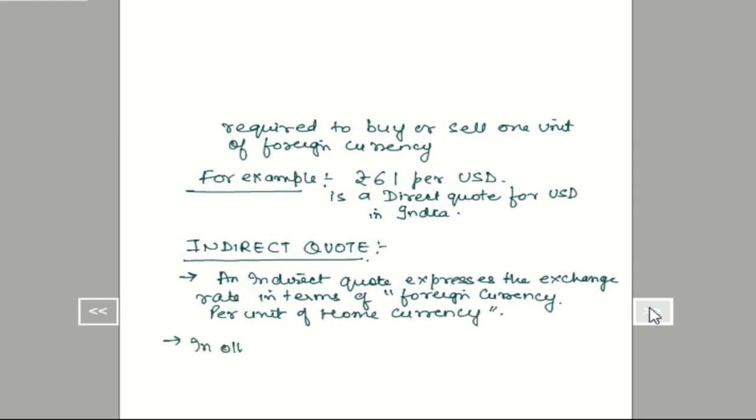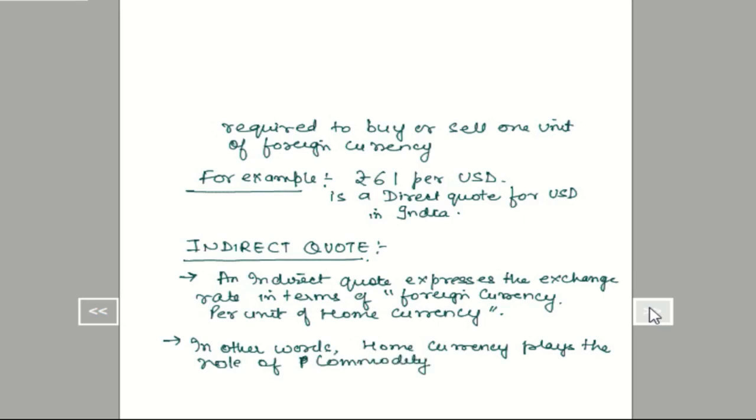In other words, home currency plays the role of commodity. Example, $0.02 per rupee.